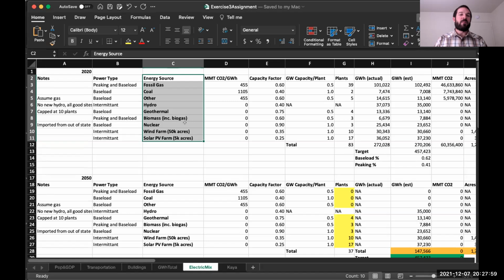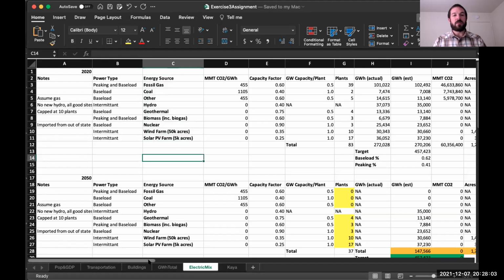We have nuclear here, and then wind farm and solar PV farms. With wind farm and solar PV farms, we have a certain amount of acres, and this is large. You can do it on less, but I wanted to have some conservative estimates that would show how big the footprint could be.